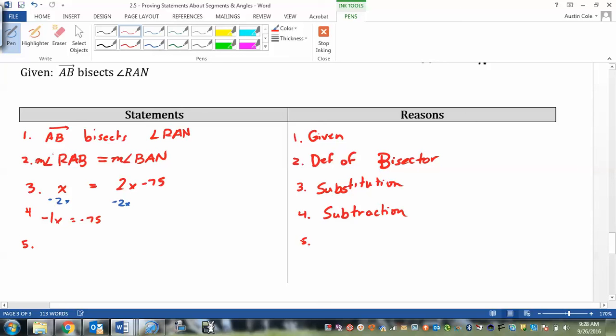Lastly, what do I need to do here? Yeah, divide by, not x. Yep, divide by negative 1. So divide everything by negative 1. x is going to equal 75.